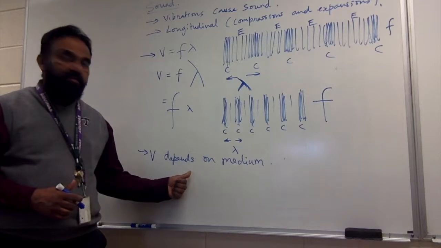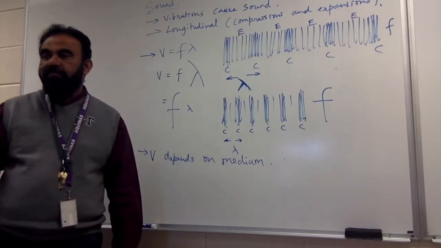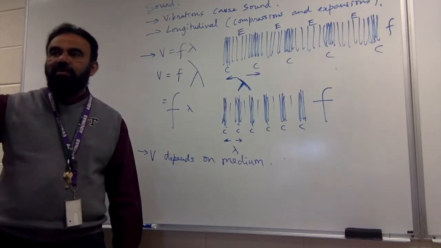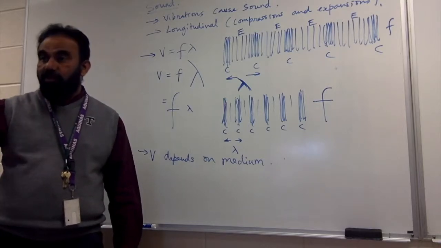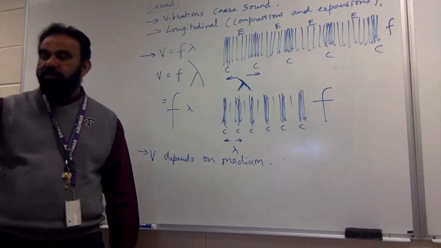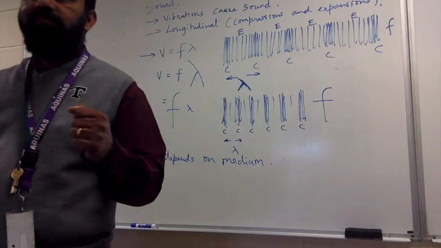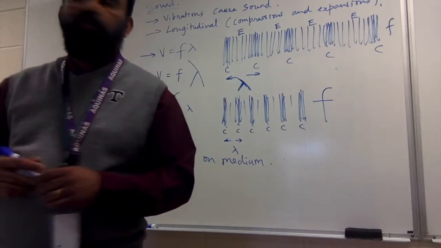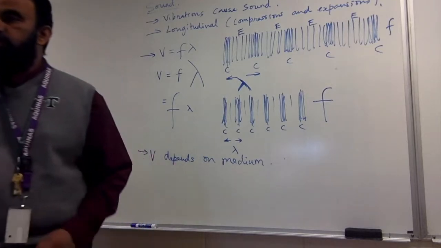In addition to that, the medium's characteristics are different at different temperatures. Under cold temperatures, the speed of sound is lower. When it is hot, the speed of sound is higher because the particles are already energetic. So the speed of sound depends on the temperature also.